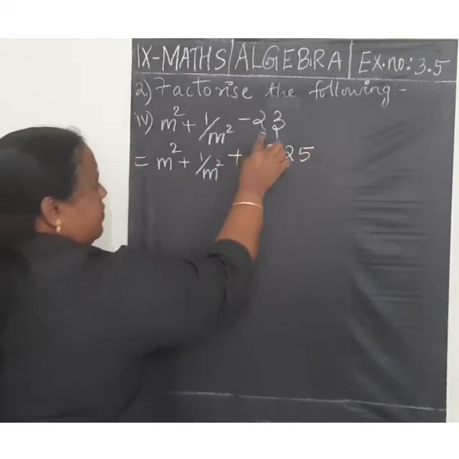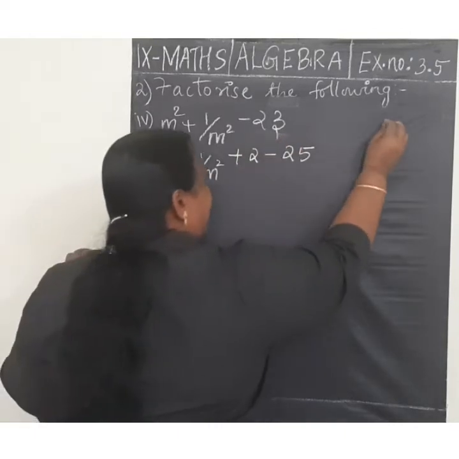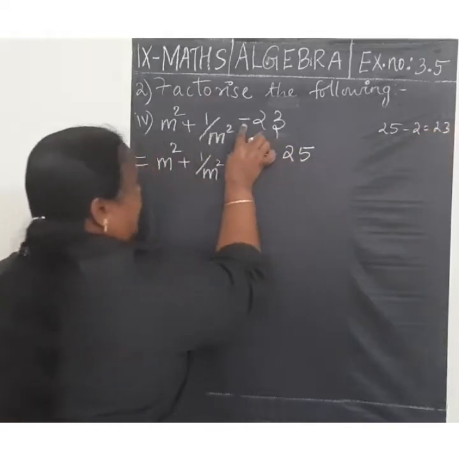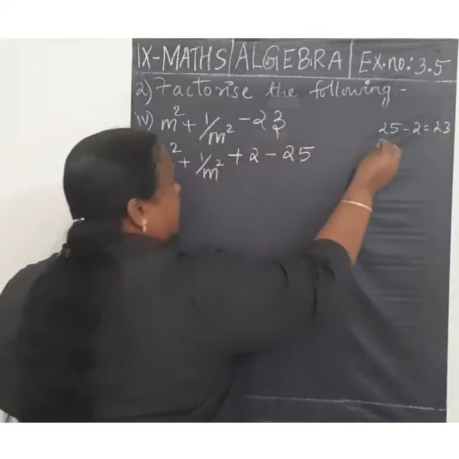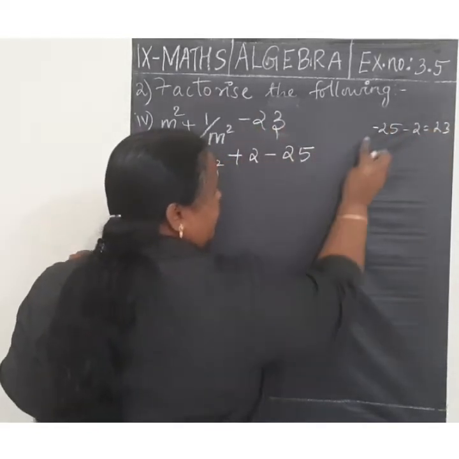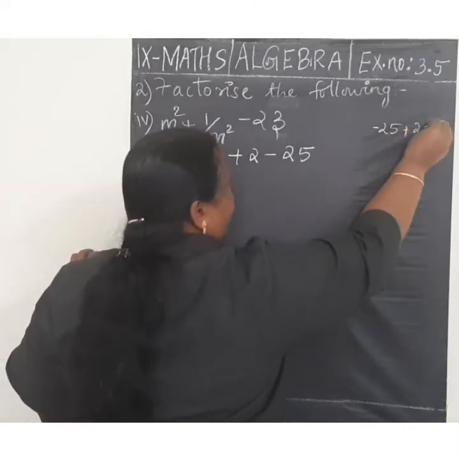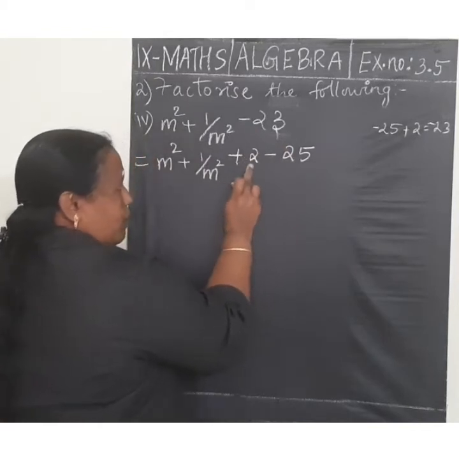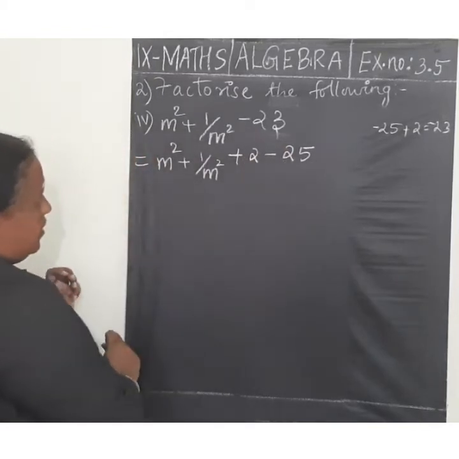If we split this 23 like this, 25 minus 2 is 23. So here we have to get minus 23, so we take the greater number's sign. So the minus 25 plus, so minus 23 we are writing as plus 2 and minus 25.